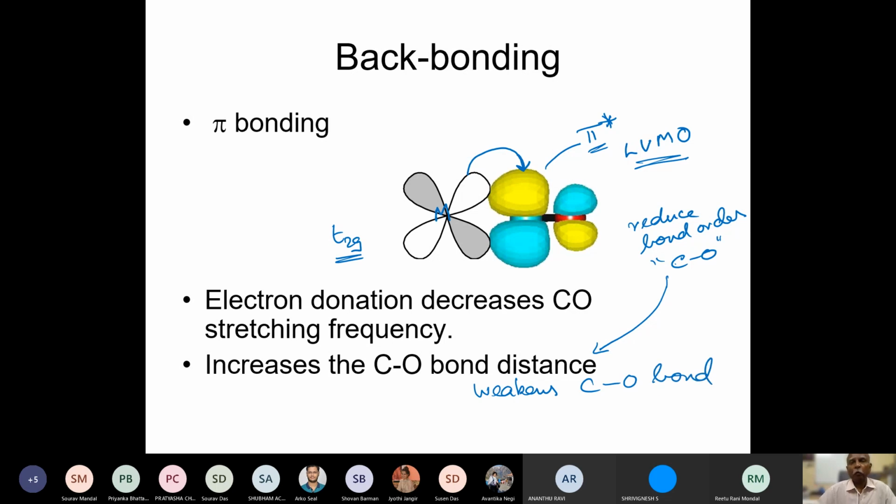This weakening of the CO bond will also result in lower stretching frequencies. So what we are able to explain is the lower stretching frequency for carbon monoxide because of this pumping in of electron density from the T2G to the pi star, and also the increase in the CO bond distance.